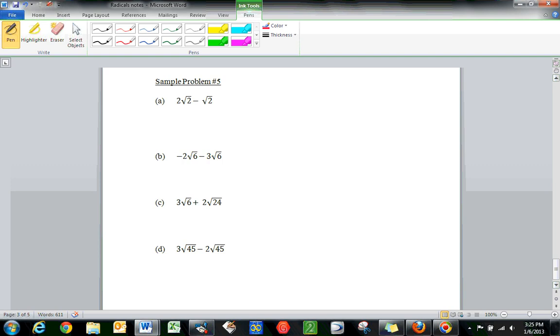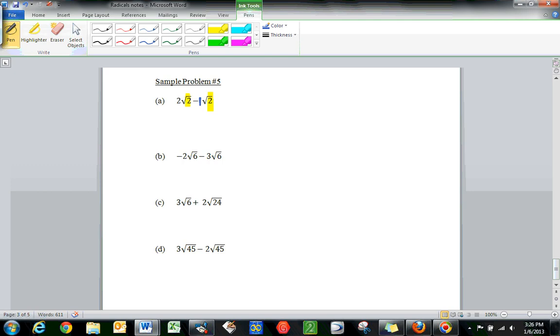Okay, if we look at part A, the first trickiest part about this problem is we're taking square root of 2 times square root of 2 minus square root of 2. And you're looking at it and it looks like there's nothing to subtract. But we have to remember, it's just like having an understood 1 in front of there. So now I have a square root of 2 term and a square root of 2 term on each of them.